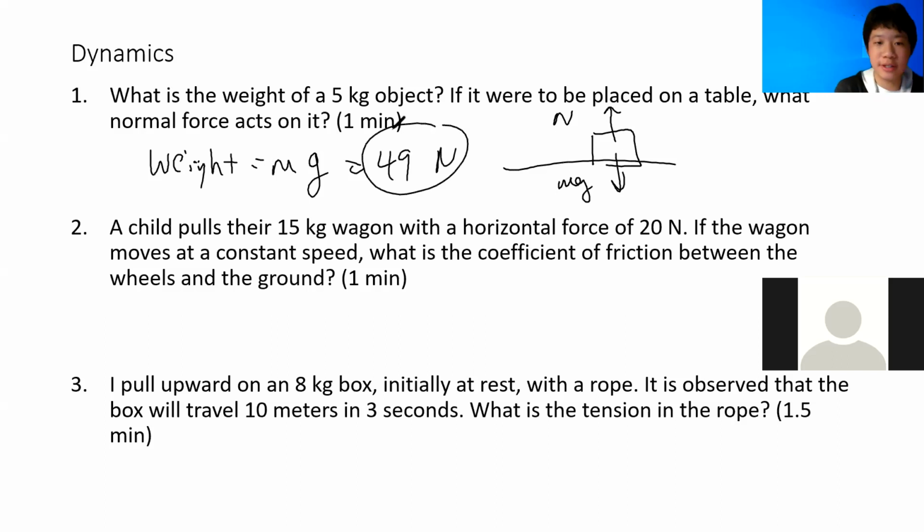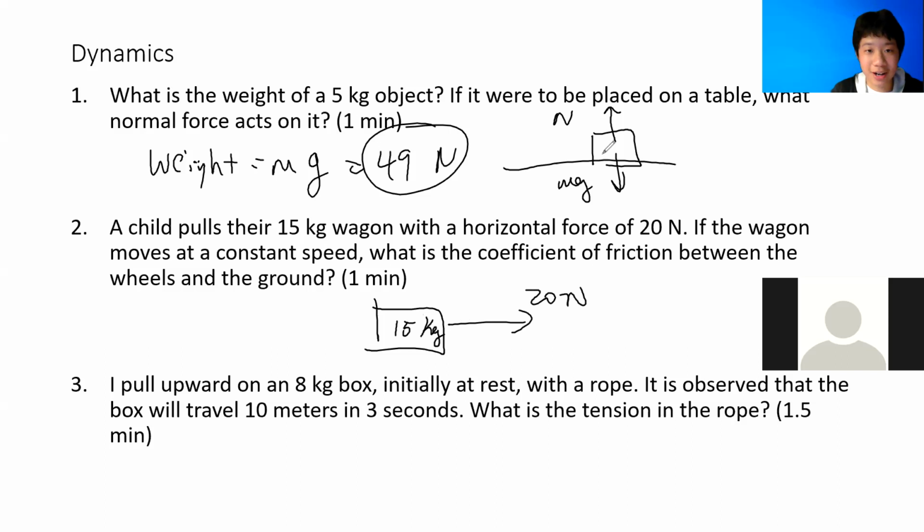So again, 49 newtons. Now for the second one, a child pulls their 15 kilogram wagon with a horizontal force of 20 newtons. If the wagon moves at a constant speed, what is the coefficient of friction between the wheels and the ground? So whenever an object is moving, it's going to have some kind of kinetic friction opposing its movement.